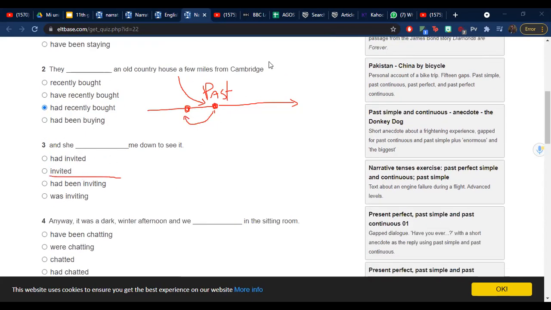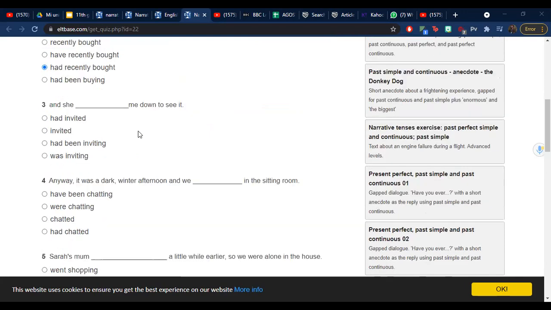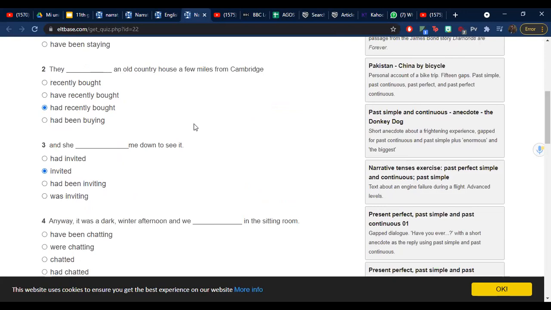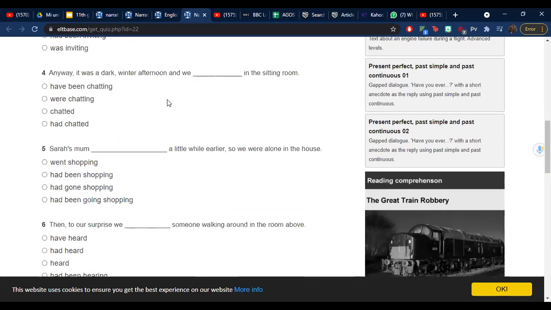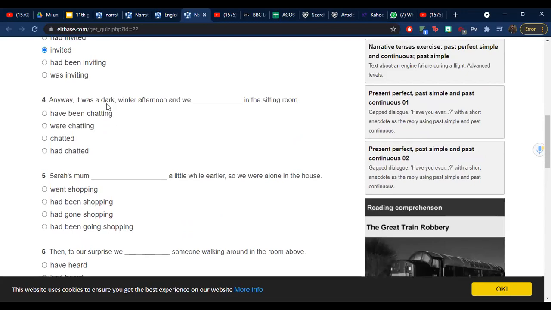Now, and she invited me, yes, because we're talking about the same event, going to the house. She invited me down to see it. Anyway, it was a dark winter afternoon, and we in the sitting room. Again, it's building the context.